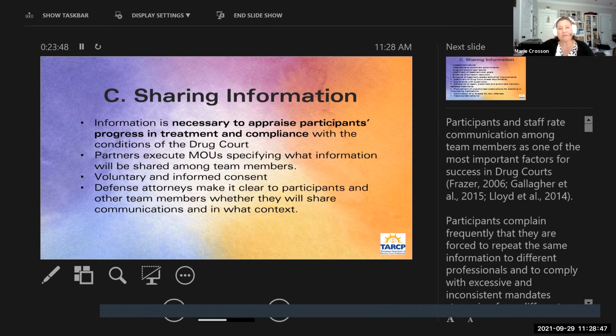Anyway, so sharing information. Information is necessary to appraise participant progress in treatment and compliance, okay? The information that is shared amongst roles is necessary to understand the participant's progress in treatment and compliance with the court. Information that is really outside of these two things is extraneous and unnecessary.